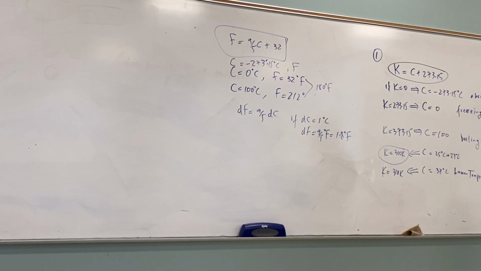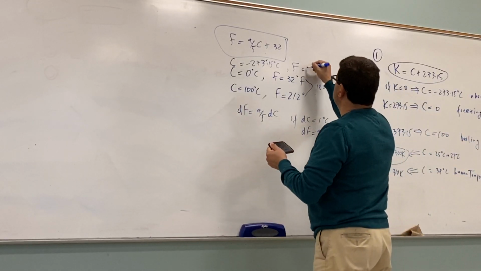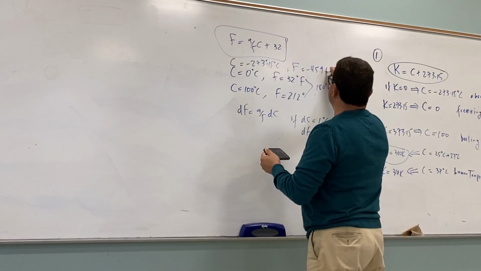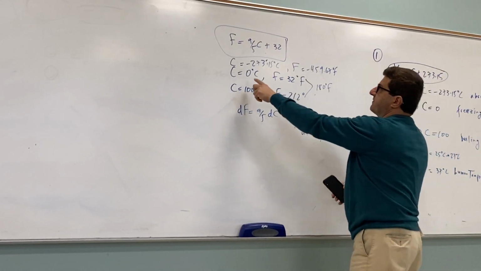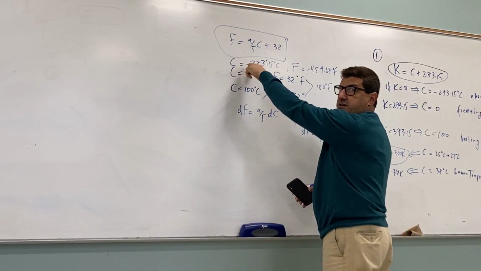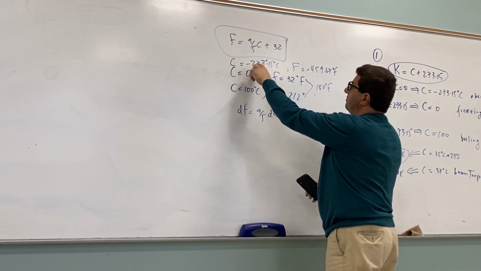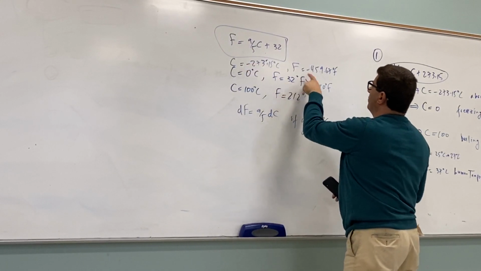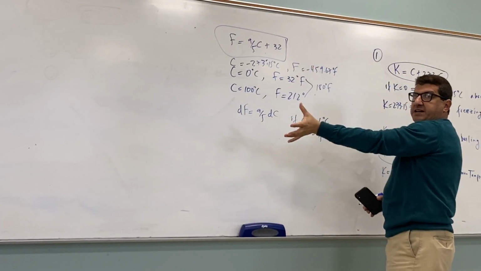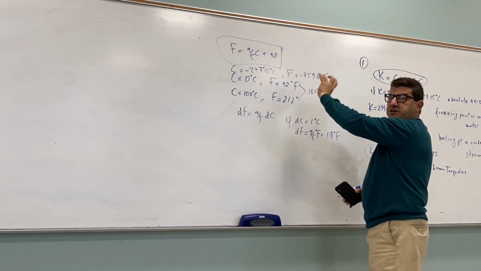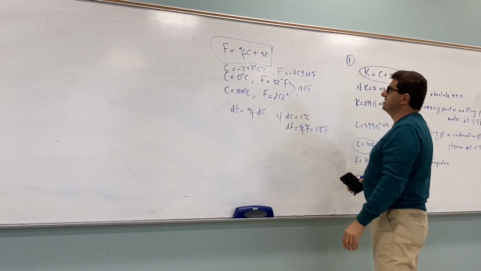And of course you can check with me, 1.8 plus 32. So negative 459.67. So notice the Celsius went from 0 to negative 273. Fahrenheit went from 32 all the way down to negative 459. So again, the change in Fahrenheit is 1.8 greater than the change in Celsius, right?